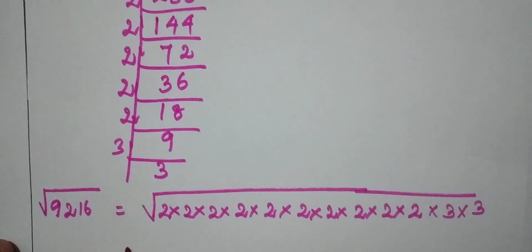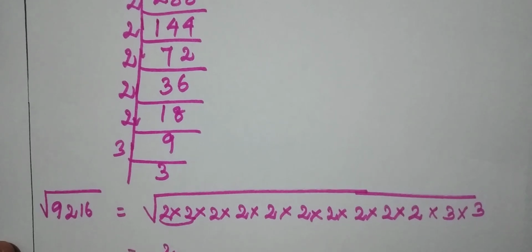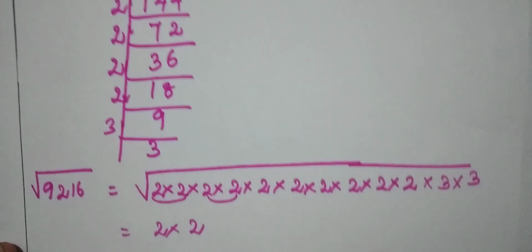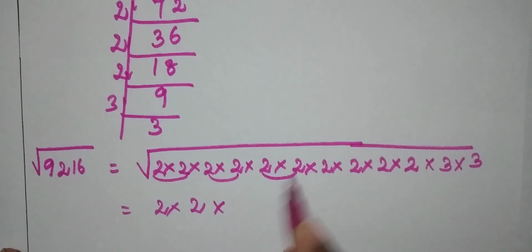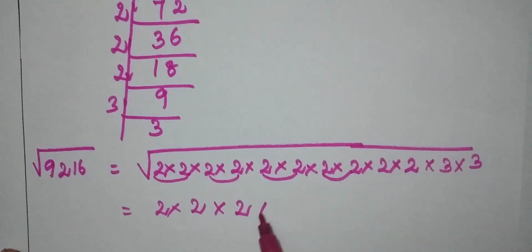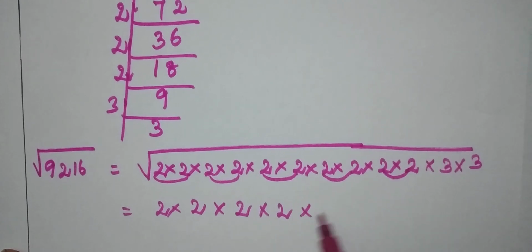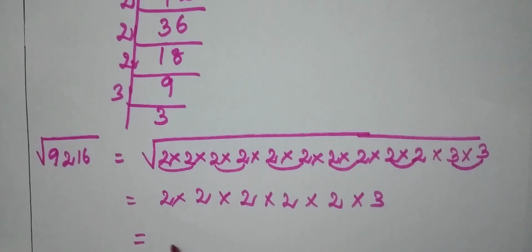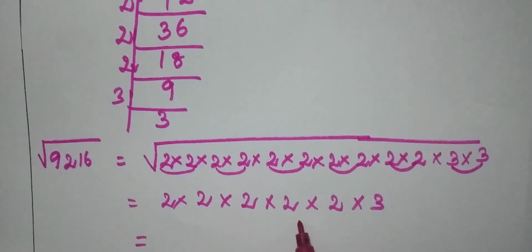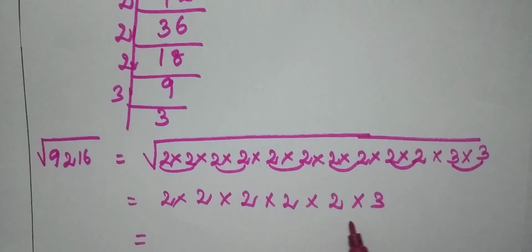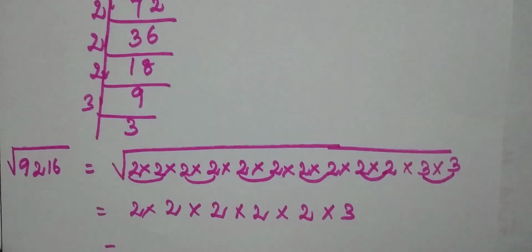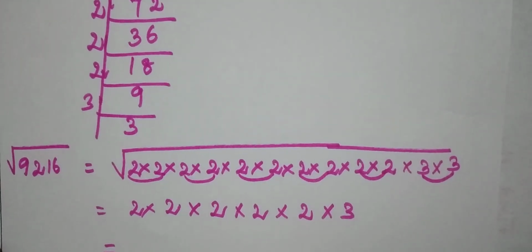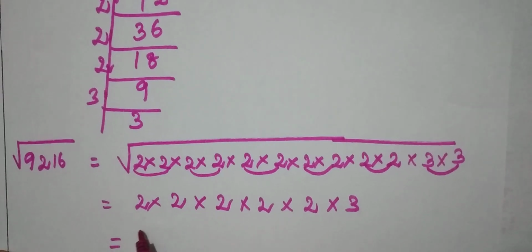From each pair select one prime factor. 2 and 2, and from this 2 3 take 1 3 outside. 2 2s are 4, 4 2s are 8, 8 2s are 16, 16 2s are 32, and 32 3s are 96.